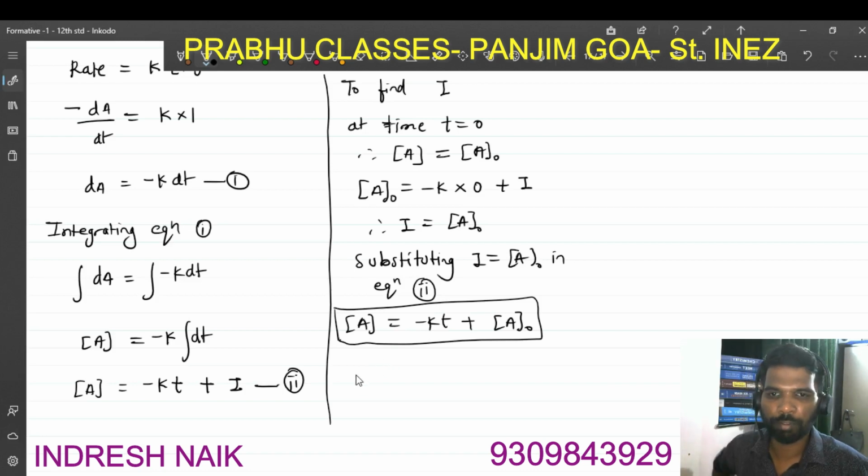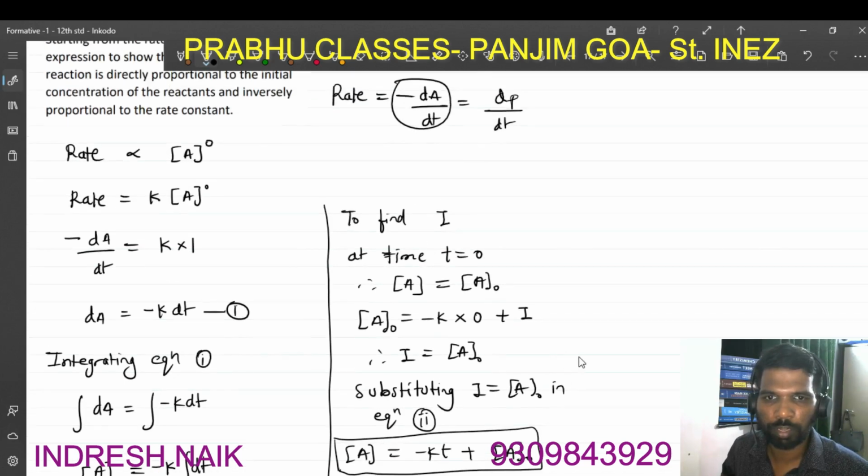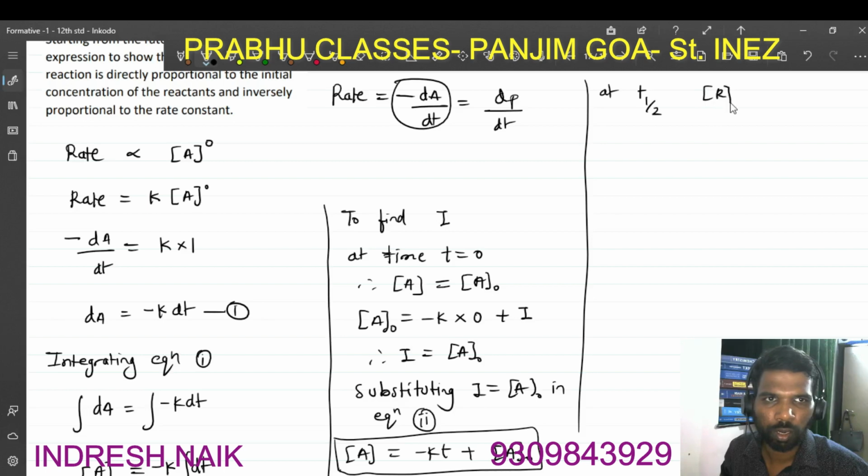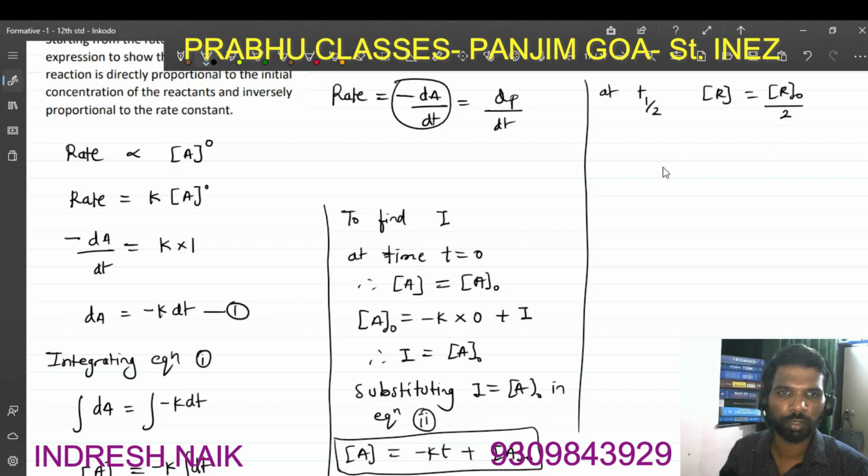Now for the half-life, they have asked for the half-life. Half-life is what? At t half, what happens? The concentration of the reactant A will be equal to A naught by 2.